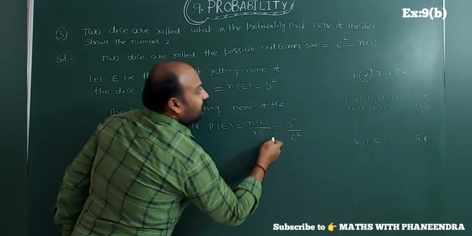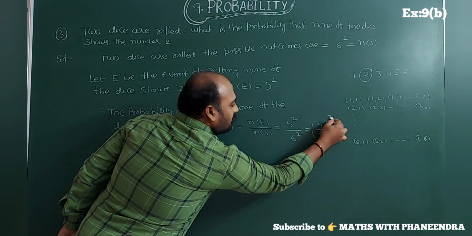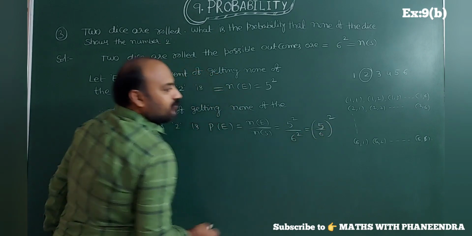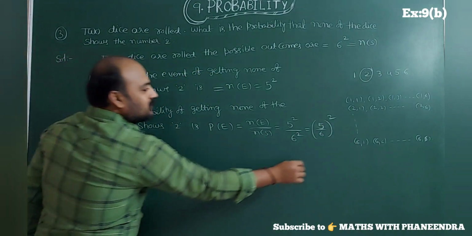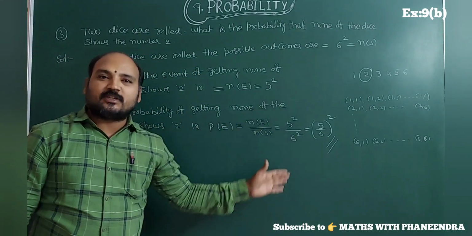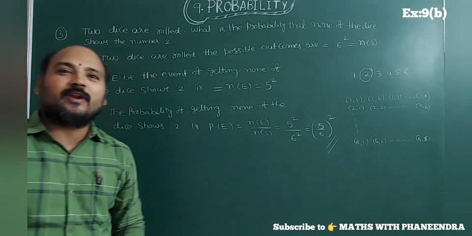N of S is 6 square. Can we write it like this, 5 by 6 whole square? We can write it. That is the answer, dear students. I hope everyone understands. I explained 2 ways. Whichever you feel is easy, you can consider that. We'll move on to the next question.